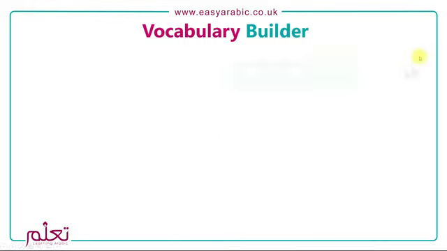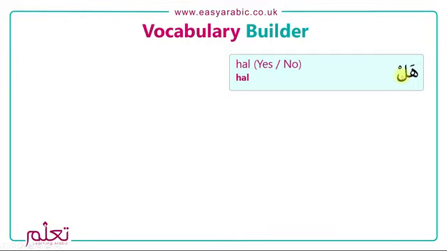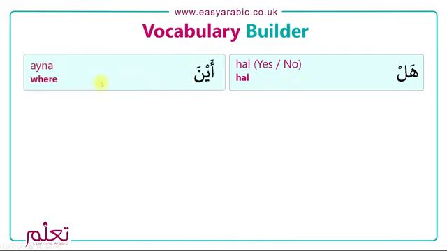Some words that we're going to use. The first one is hal, which is used for questions where the answer will always be yes or no. So, are you a student? You will say yes, I am, or no, I'm not. Okay. And then we have aina, which is where. So, where are you from? Okay. Min, which is from. Again, that would work with aina, min aina, from where.